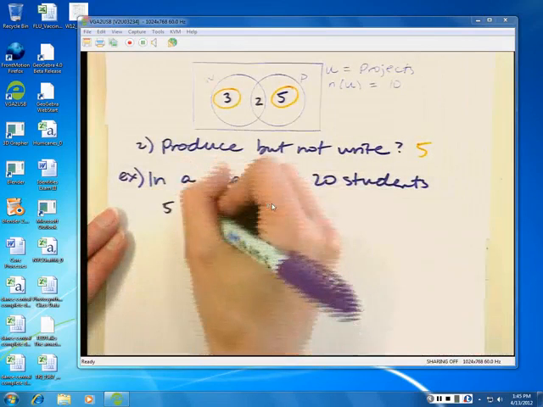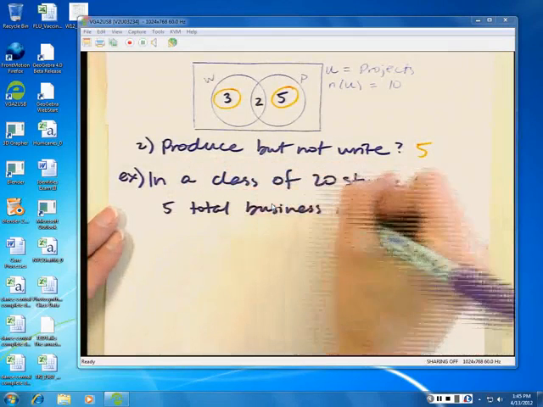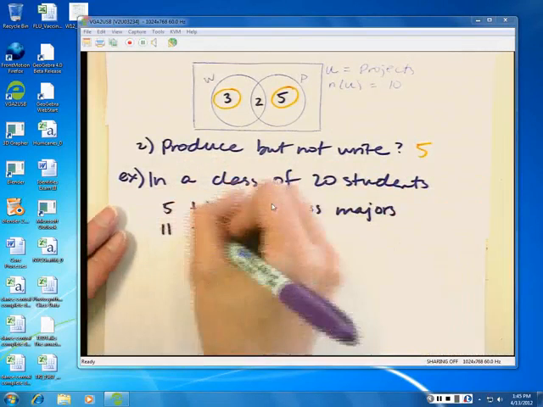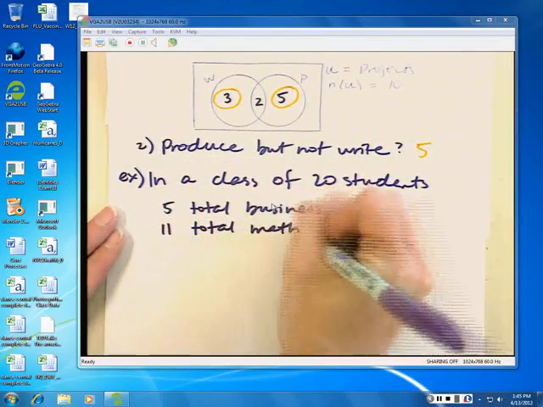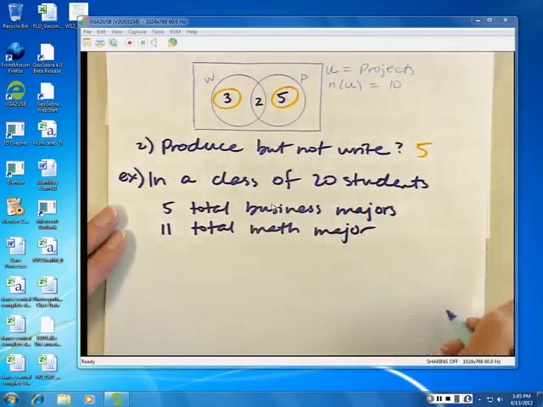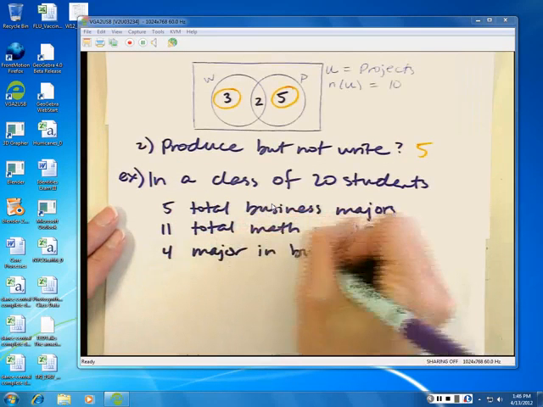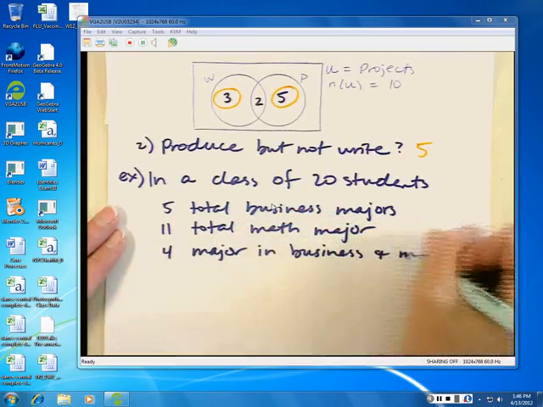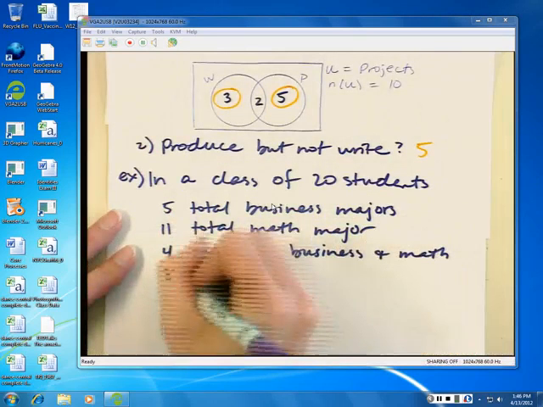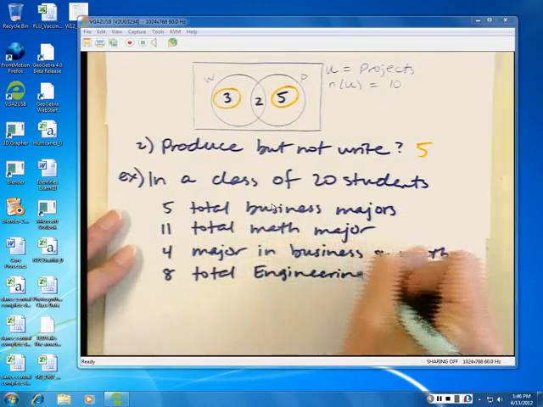We have 5 total business majors in this class. 11 total math majors, because math is such an awesome major. So 11 total math majors. 4 are majoring in business and math. I left one off. 8 total engineering majors.